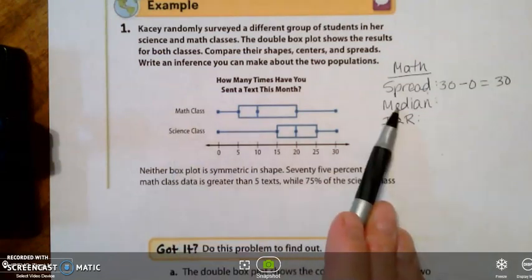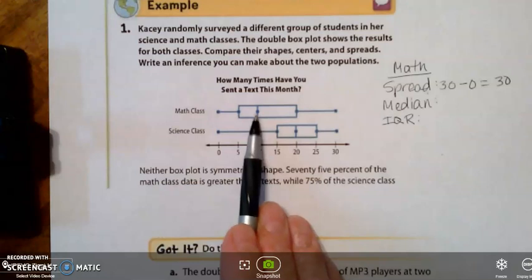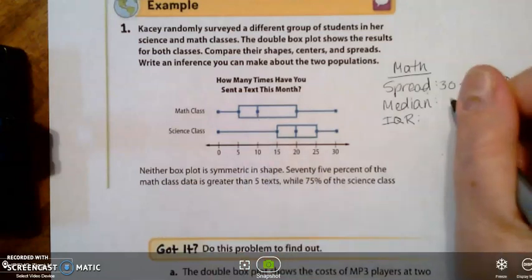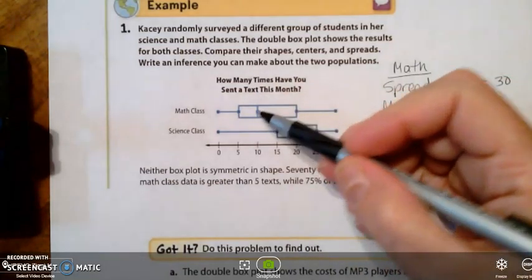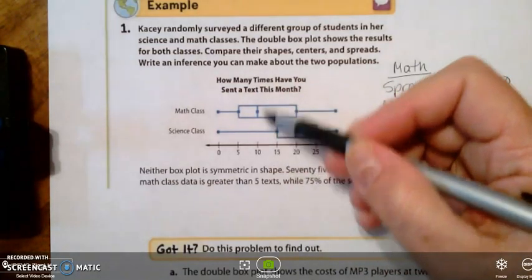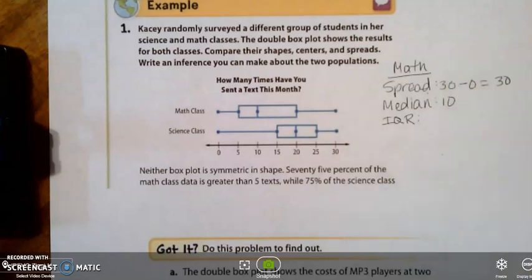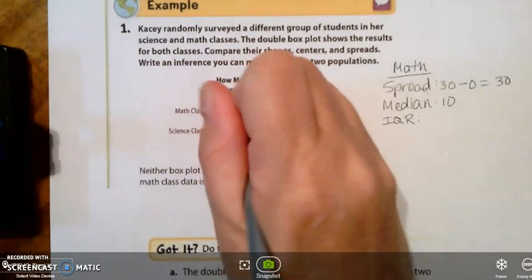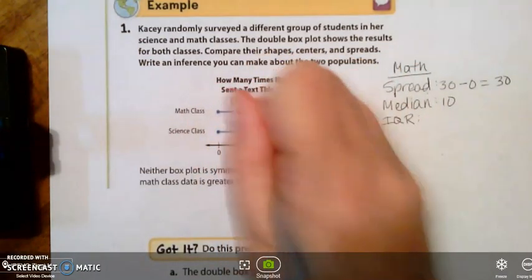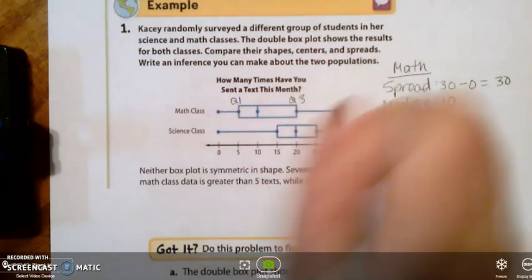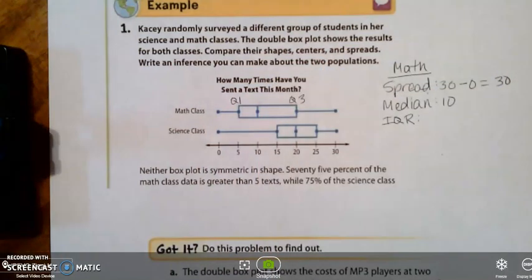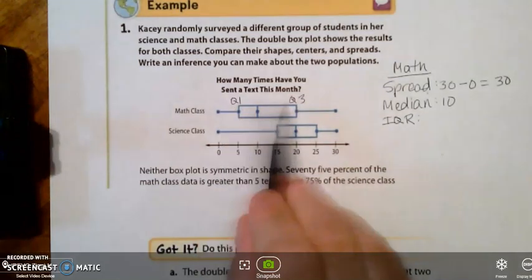Now for median, remember median is right there. Median looks like it's right above that 10. And then the IQR is the interquartile range. Remember Q1, Q2, which is the median, and Q3. So we're going to subtract Q3 minus Q1.